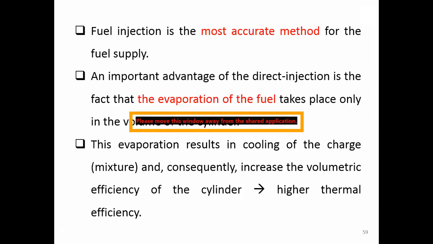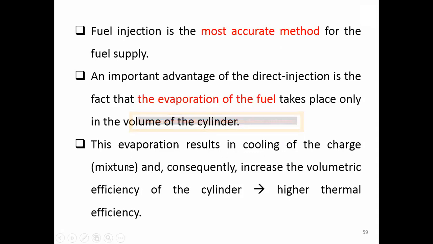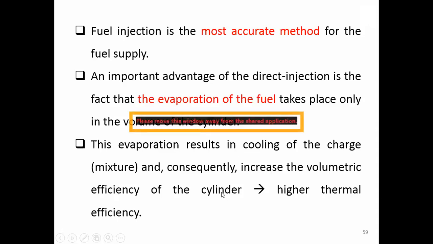It comes from the cylinders. And this will help cool the charge, or the mixture. And the result is what? The result is you have a higher volumetric efficiency of the cylinder.